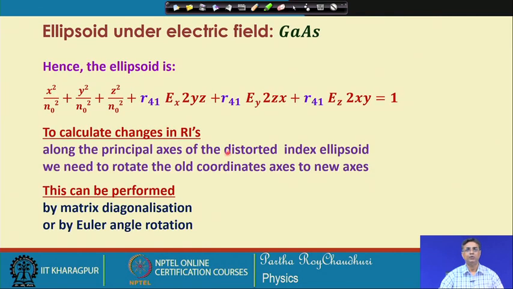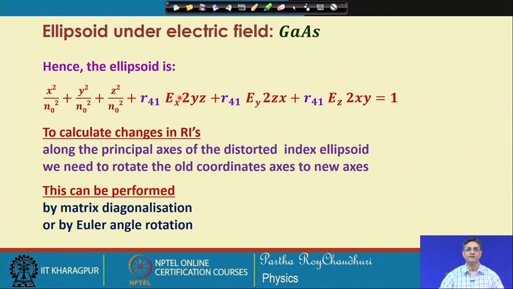Now, having known this equation, where you have the effect of E x, that is electric field along x, along y and along z, all 3 components, that is in general when the electric field is acting on the crystal in a general direction, then all the terms will be there.